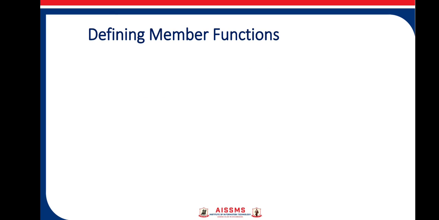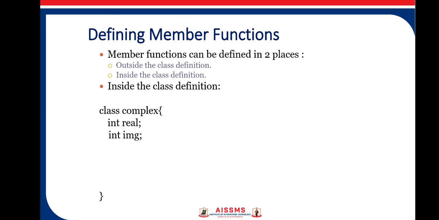So this is the example of defining a member function inside the class. Suppose this is my class complex, and I have to define this function read inside the class. So directly you can write the definition inside the class in the public section, or also, if you want, in the private section of my class.